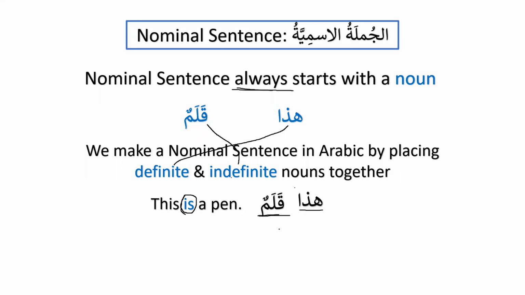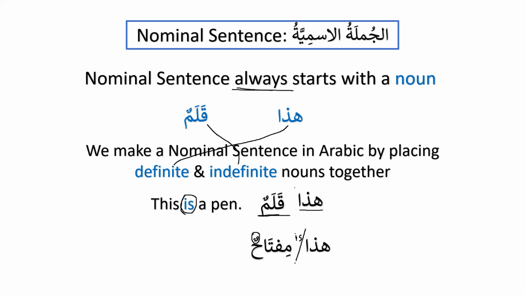Excellent. Similarly, hada, this, miftahun, key. So this a key, as we know that miftahun is a common noun, a key. So I will give you a very easy formula. When you see two nouns in the Arabic language, try to place in between is, are, am, and see where you can put is, are, am. So for example, hada is miftahun.